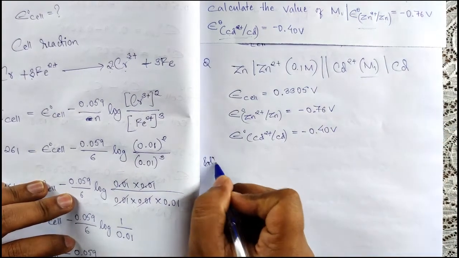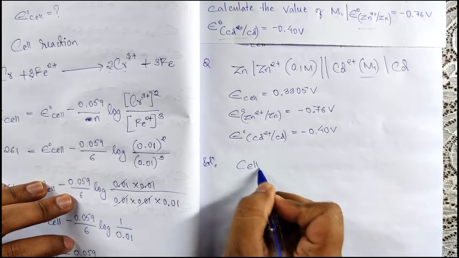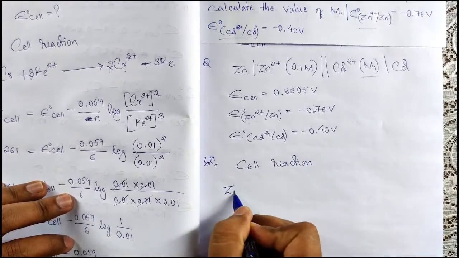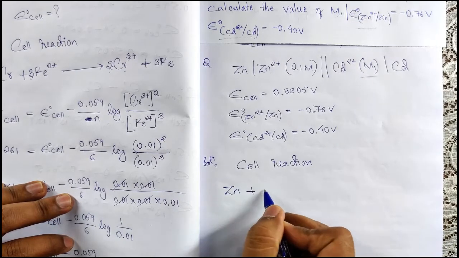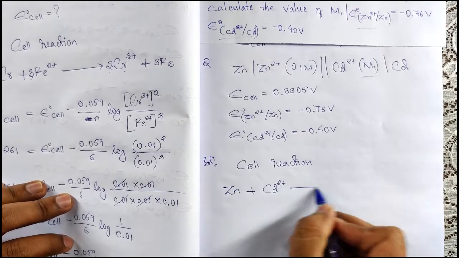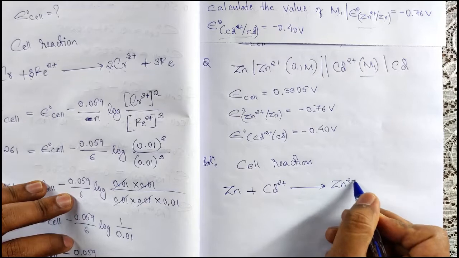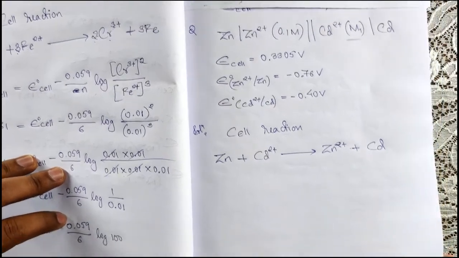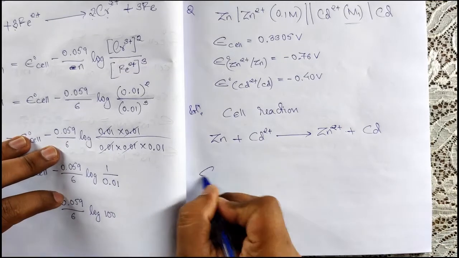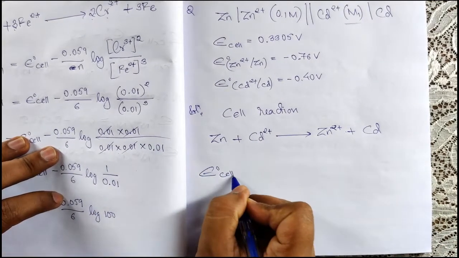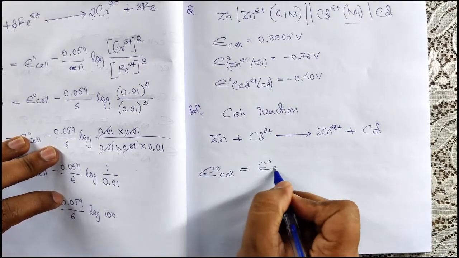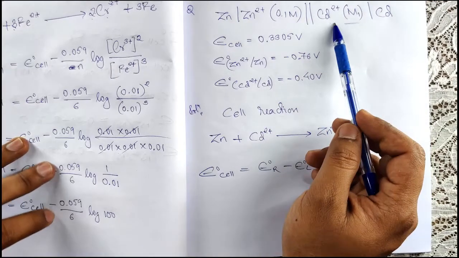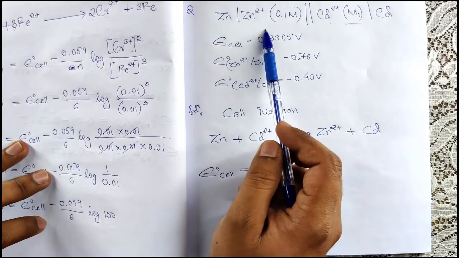So solution, cell reaction, Zn. So after writing the cell reaction, we can find E naught cell equal to E naught right minus E naught left. So which one is on the right side? Cadmium is on the right side. This is on the left side.